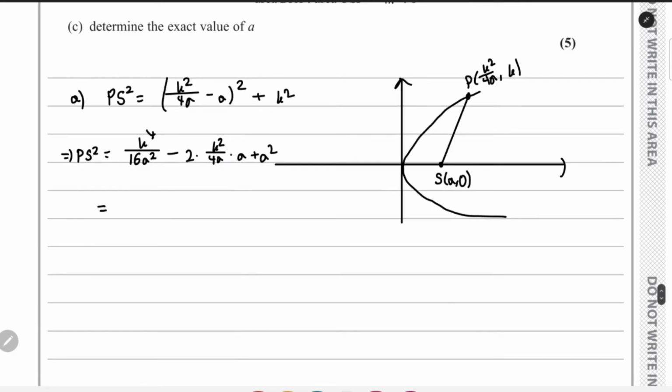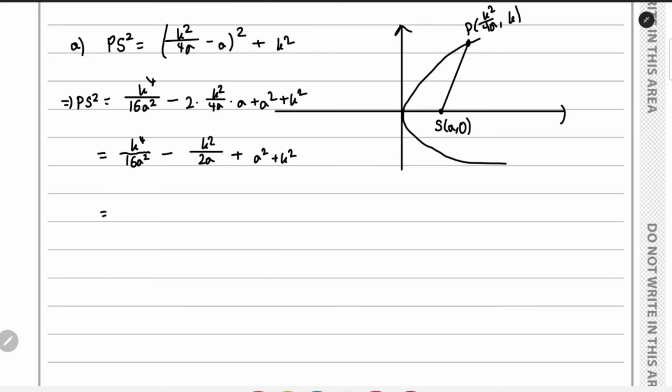This is k to the power 4 by 16a square minus k square by 2a plus a square plus k square.